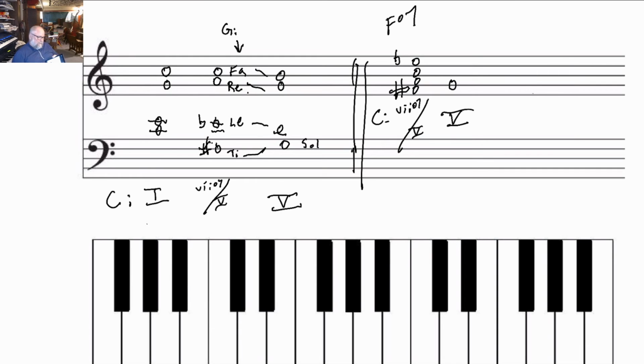So I got doubled root, 3rd and 5th. The E ends up moving chromatically down, a chromatic passing tone, so that's kind of cool voice leading. The C has a common tone and then resolves down by step, sort of a suspension figure there. We have neighbor motion here.